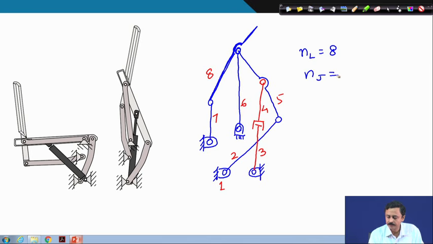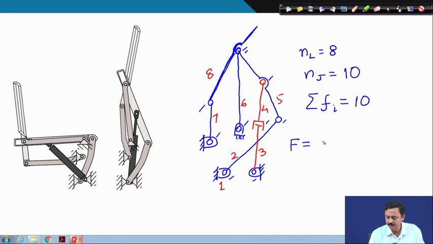Number of joints 1, 2, 3, 4, 5, 6, 7, 8, 9, 10. There are 2 kinematic pairs here. So, 10, summation of degree of freedom of all these kinematic pairs, they are all revolute or prismatic, therefore, 10.